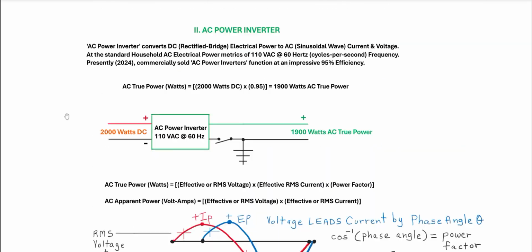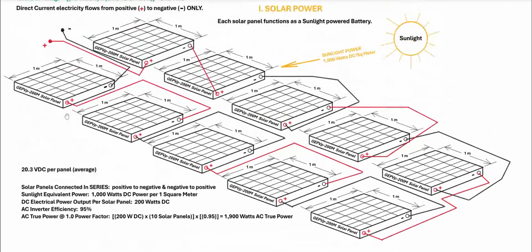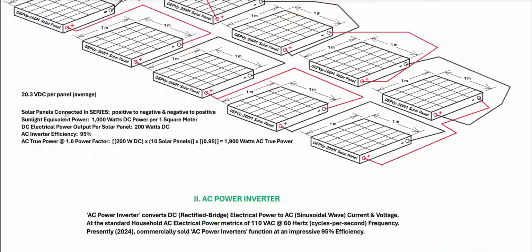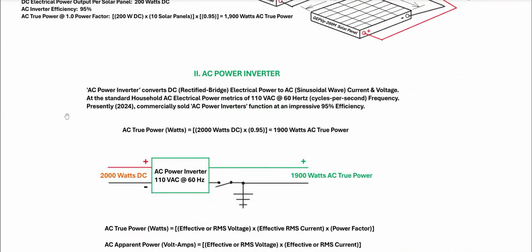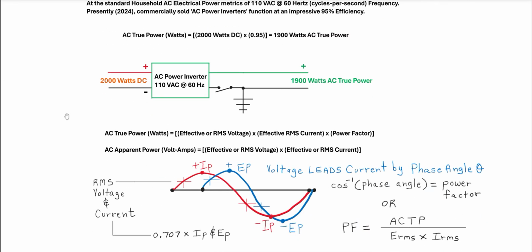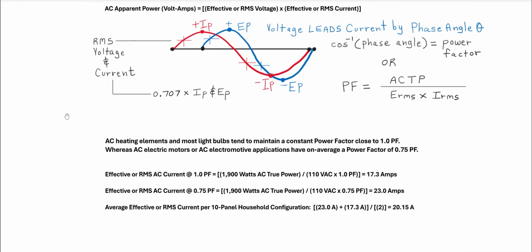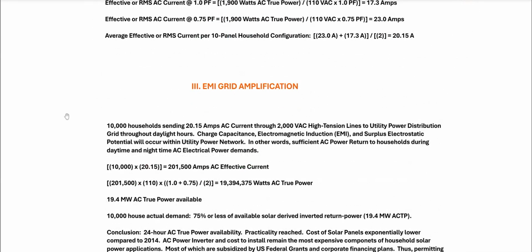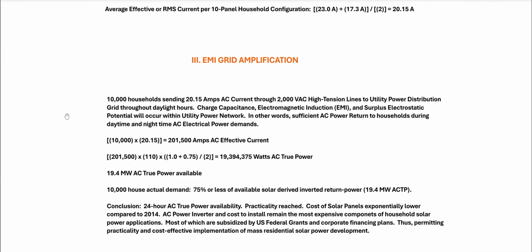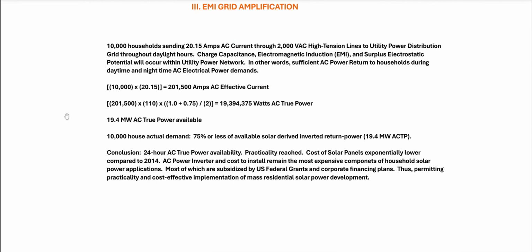So we'll just go over this in about 10 seconds here. Solar power, number 1. AC power inverter, number 2. That's converting the DC electrical power from the solar panels into AC household power. But then we're not sending it to the house. We're sending it to a centralized grid, incurring EMI grid amplification, and then it's returned to households based on demand.